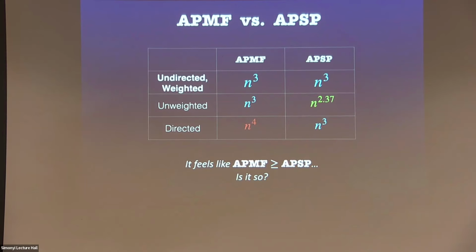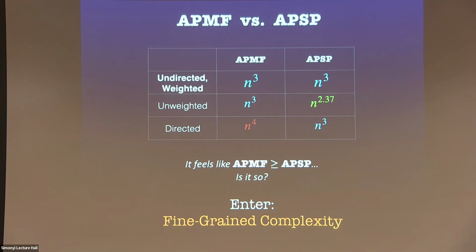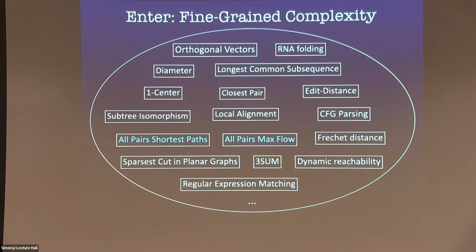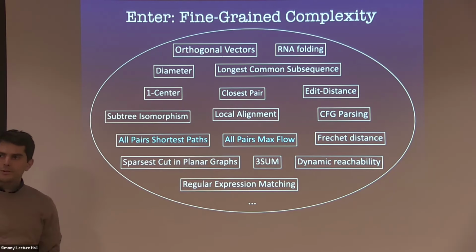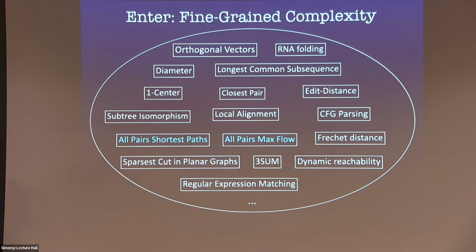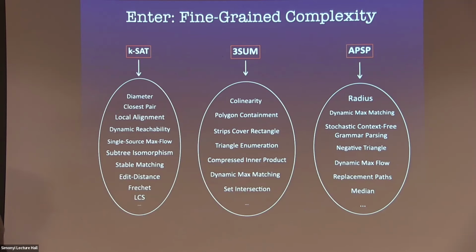Can we prove it? This is where fine-grained complexity comes in, this literature where we take fundamental problems and try to find connections between them. Before, we had all these nice polynomial time solvable problems, but we didn't know which was harder or easier.